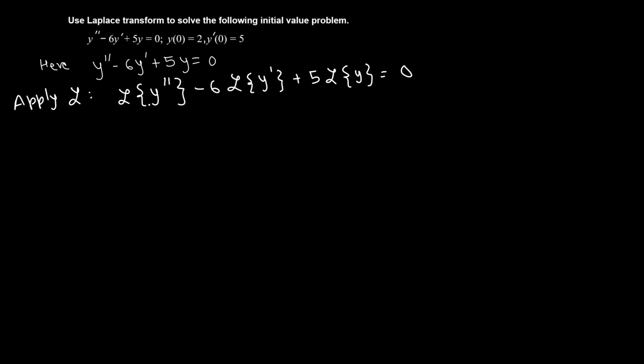Now we're going to apply the formula for Laplace of the second derivative. From the formula list we get that this is s squared Laplace of y minus s y(0) minus y'(0). Then minus 6 times something, so we need to put parentheses because we will be distributing negative 6.